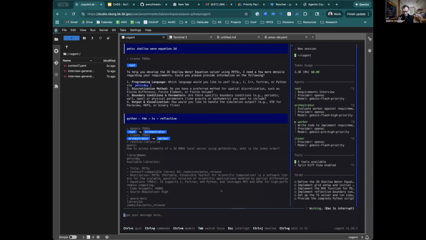So we're rapidly approaching an inflection point where things can be reliable enough that they can start to run some of these more extended workflows in this domain. And so it's very exciting.